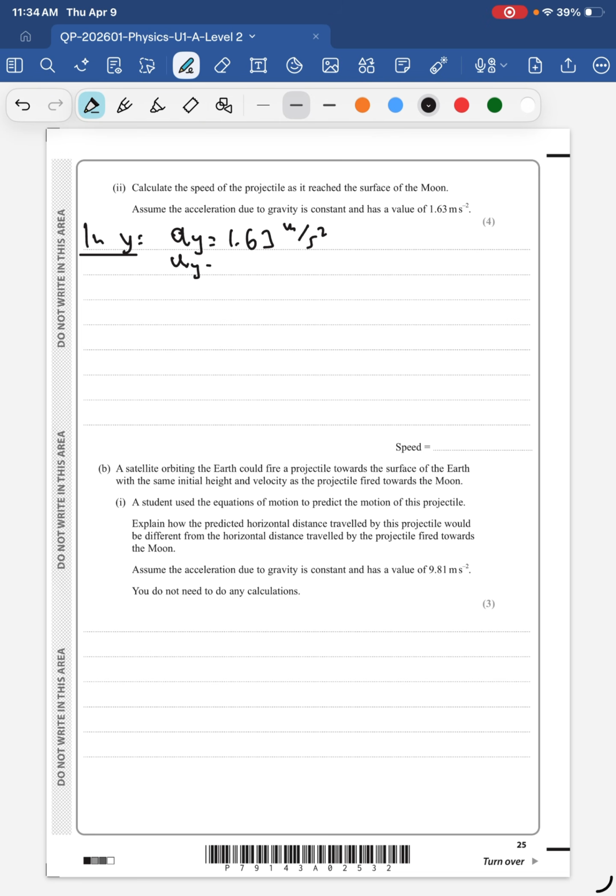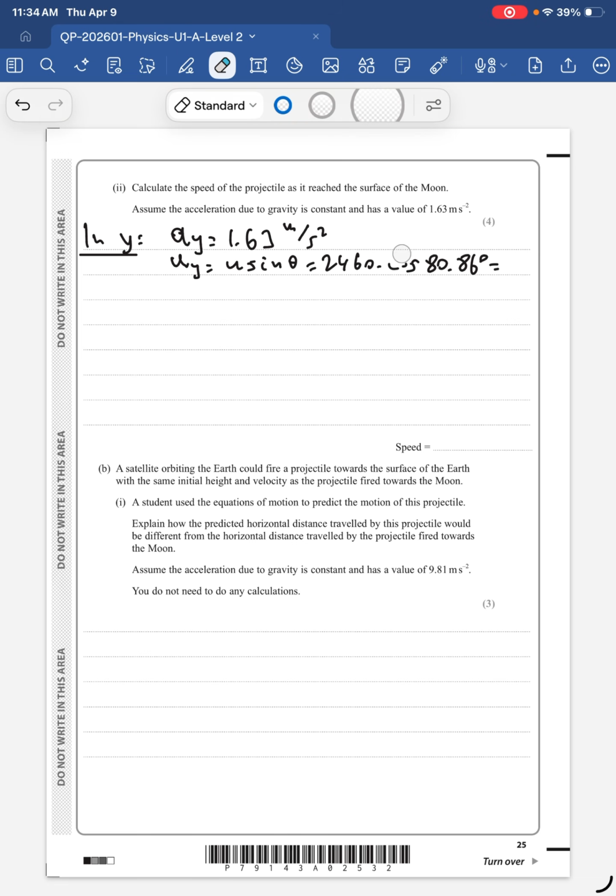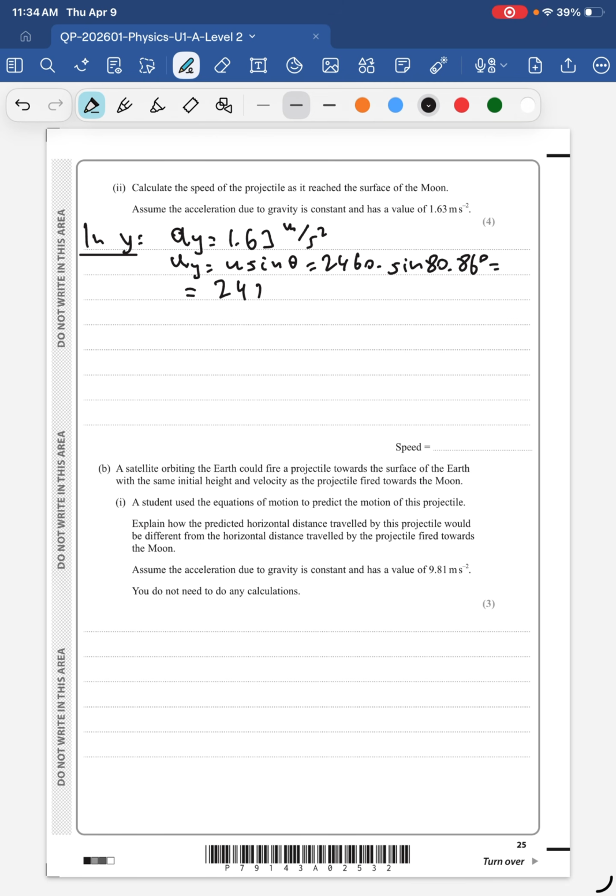So uy is u sine theta, and now we know theta, so that's 2,460 times the sine of 80.86. Did I say cosine? It should be sine, excuse me. Okay, so this is 2,428.8 meters per second.